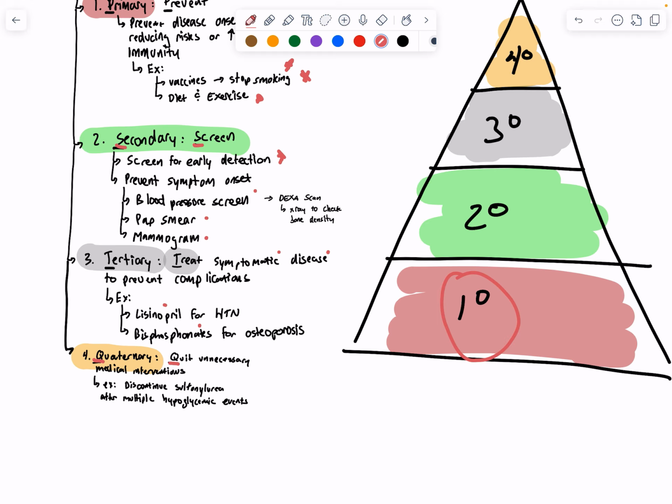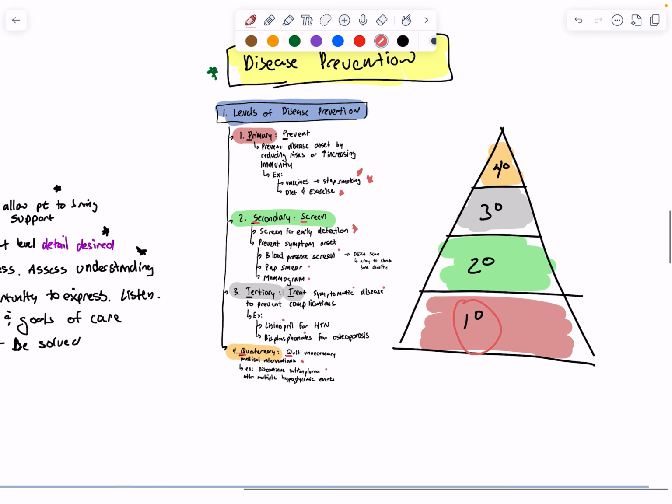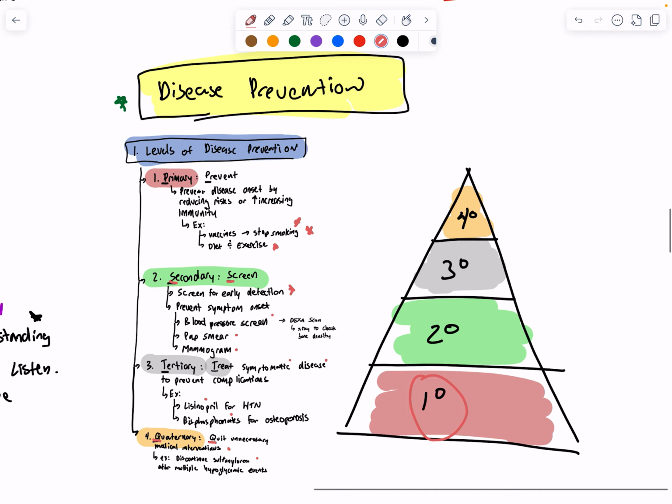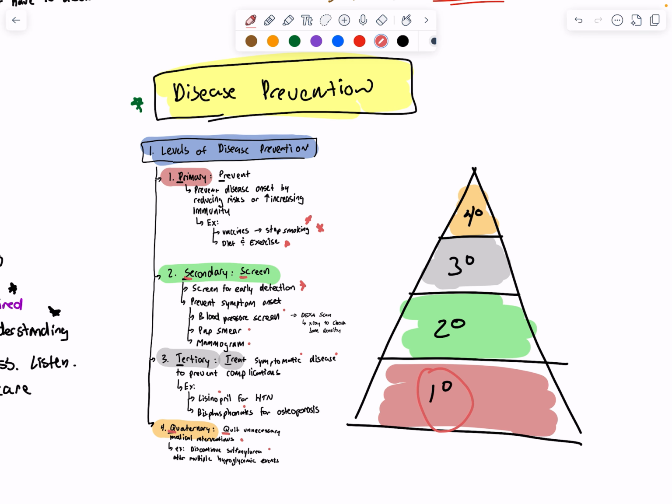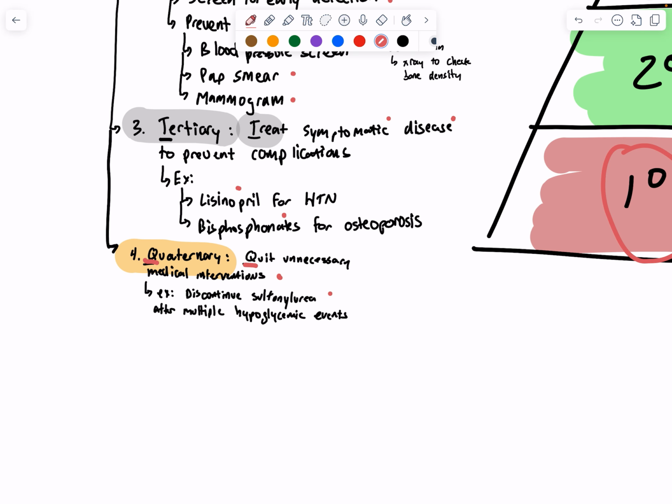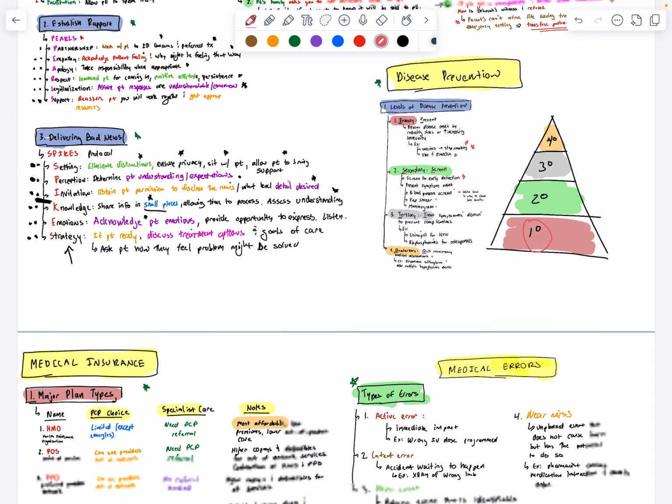In quaternary, so quit unnecessary medical interventions, discontinue medications that appear to be causing persistent harmful effects. The example that we see in First Aid is discontinue sulfonylurea after multiple hypoglycemic events.